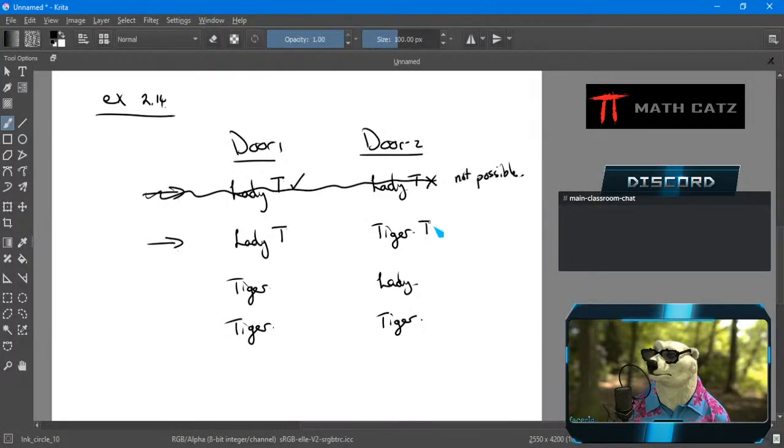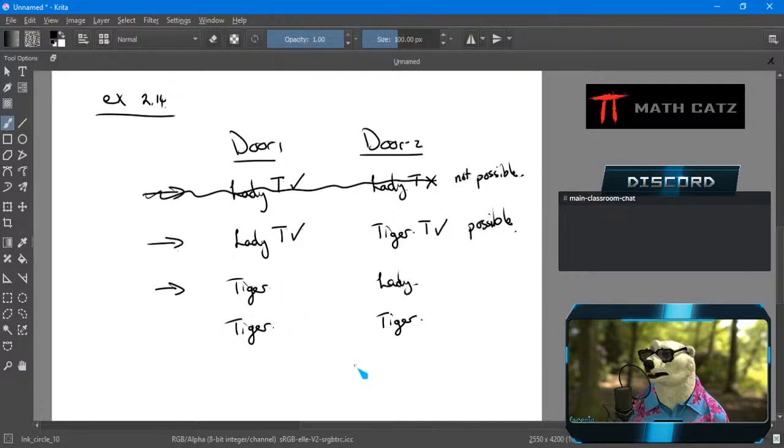True. Now I investigate. The king says, lady behind door 1, the sign should be true. It is. King says, tiger behind door 2, the sign should be true. It is. So we have our winner nice and early. But up to you, I like to continue. I need to practice, perhaps.